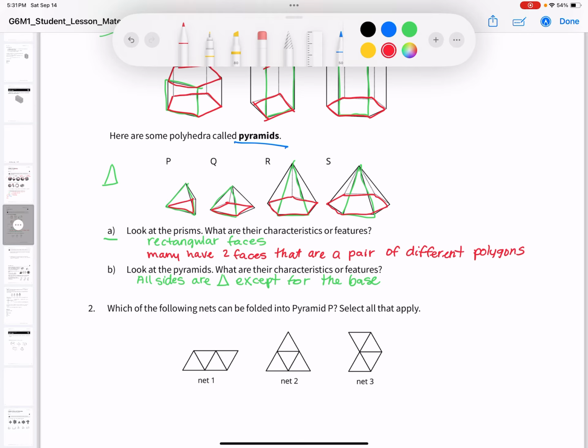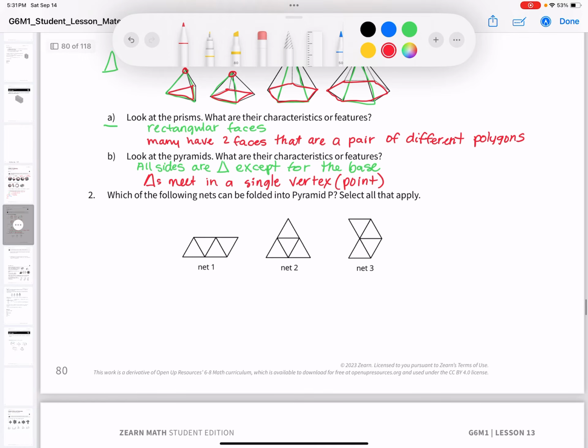Yep, hexagon. So we can also say, do you notice that all of the triangle faces come to a point? So the triangles meet in a single vertex or point. That's the characteristic of a pyramid. Okay?